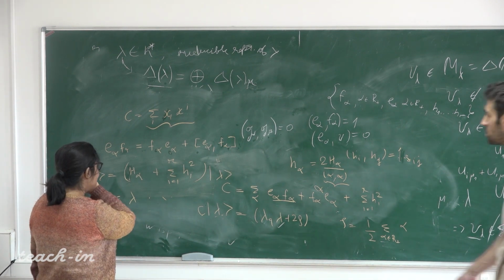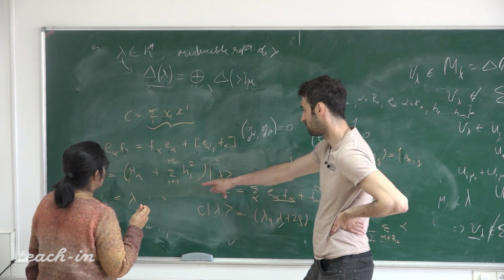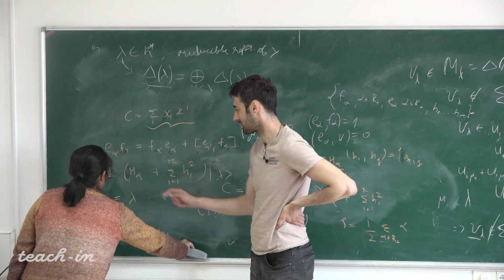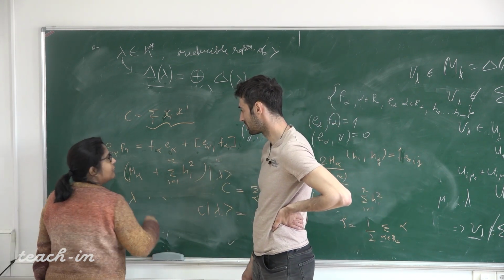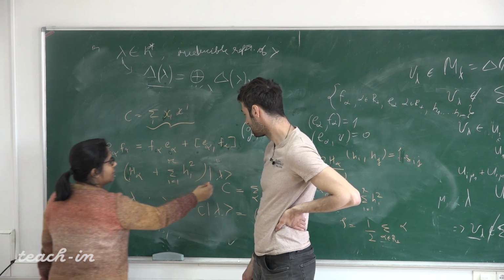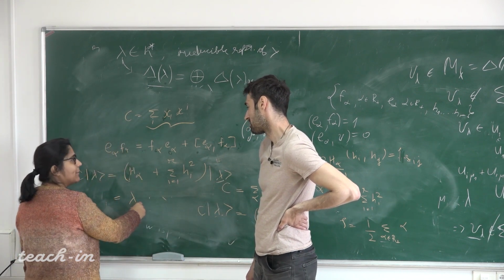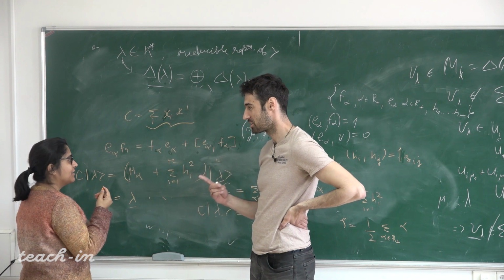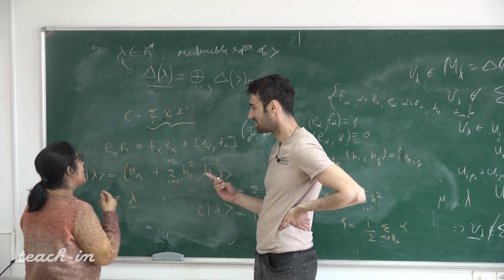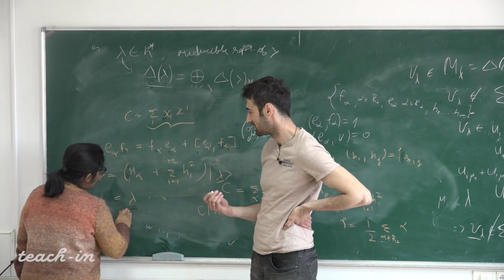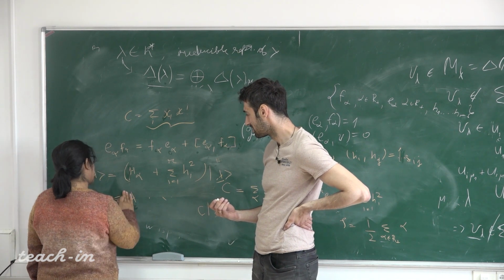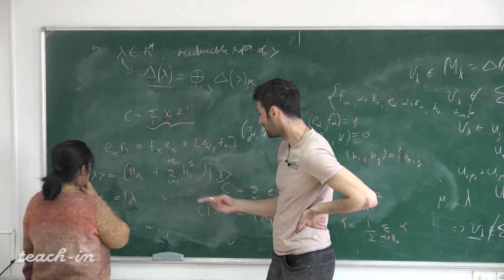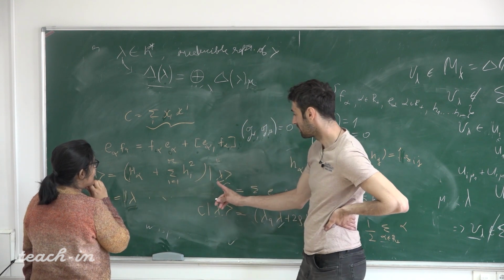This product should be a number. Lambda so far is a vector. It should be more specific: the weight of this highest weight vector, which is lambda. But it's still a vector. So how do I write it? Use the definition of the big H. What is H_alpha acting on lambda?